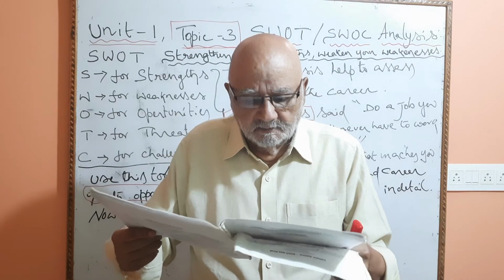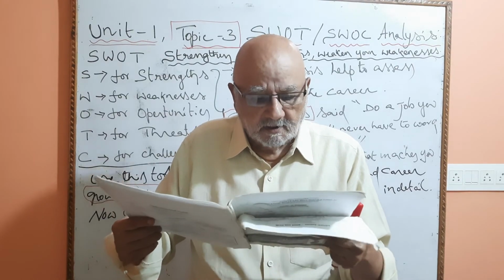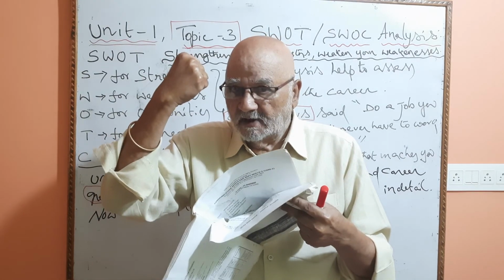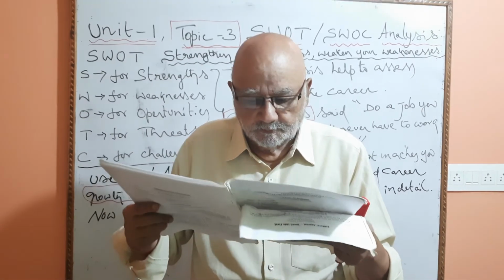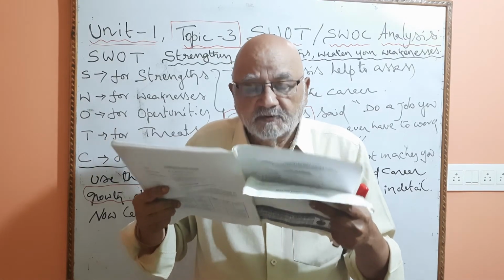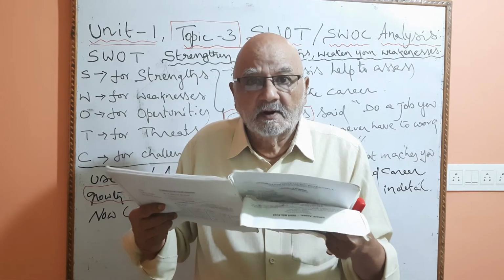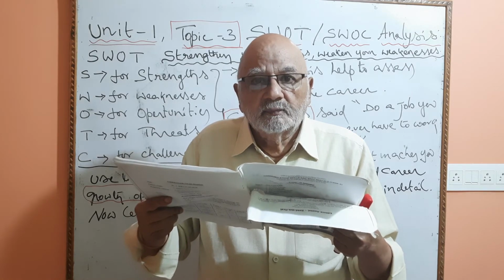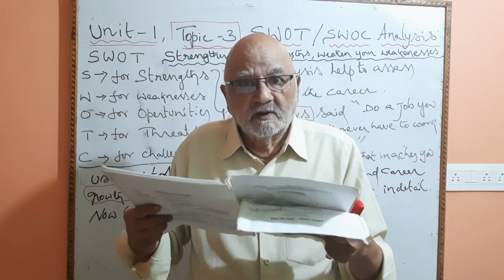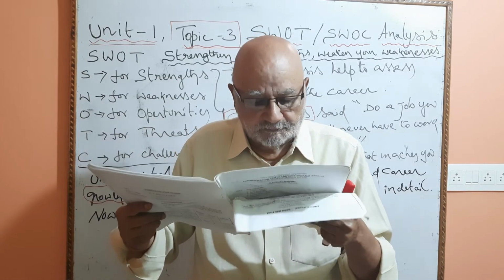You see here in the block, first one, strengths. So like this, photo is like this. Weakness, you see the chain is not firm, there is a gap. The chain may cut off. That is weakness. Your weakness will cut your life.